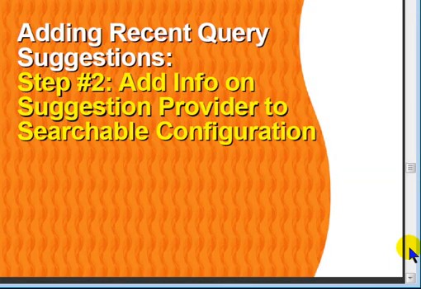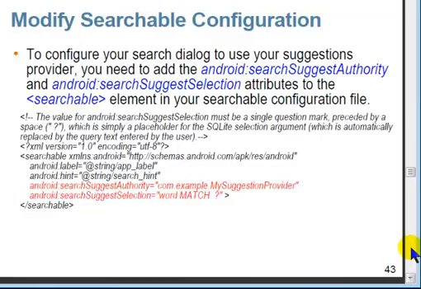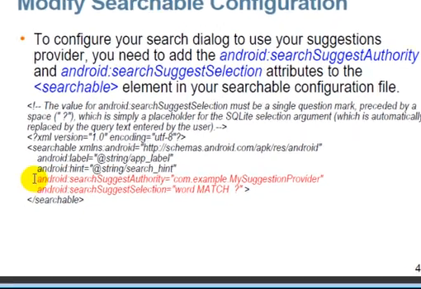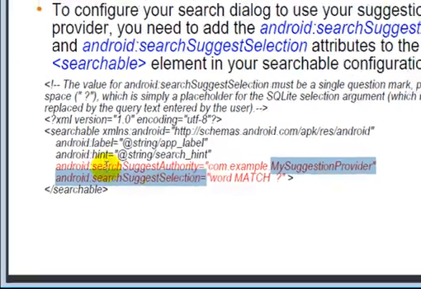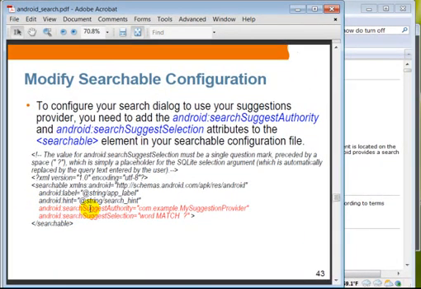Step 2 is to add information on the suggestion provider to the searchable configuration. You have to specify your search suggestions content provider in your searchable XML file with the search suggestions authority and your content provider class.